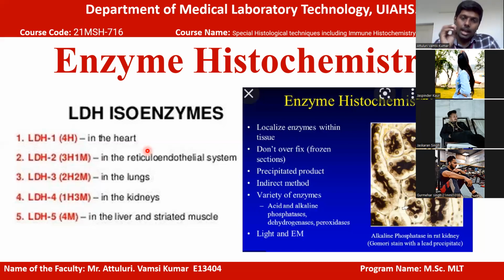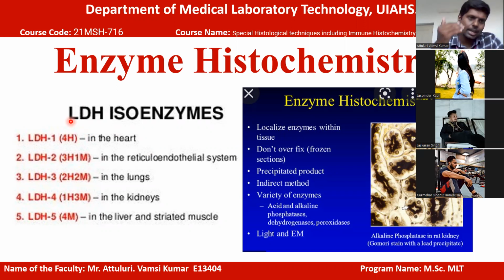Now, these enzymes are specific in their locations. Some enzymes are really specific to some organs. Let us take LDH, lactate dehydrogenase, isoenzymes. Isoenzymes are the subderivatives, the subsets, of the lactate dehydrogenase enzyme.